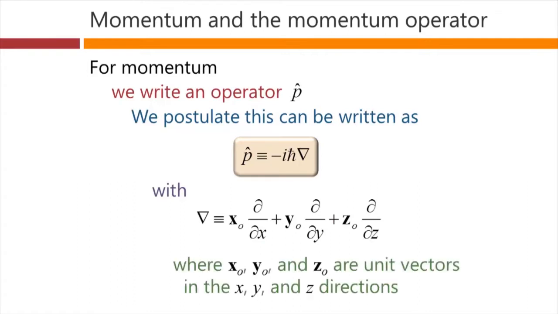And here, to avoid some other confusions, we're defining x0, y0 and z0 as unit vectors in the x, y and z directions. So therefore, we're saying the momentum operator is minus i h bar times the gradient, the spatial derivative operator in vector form.